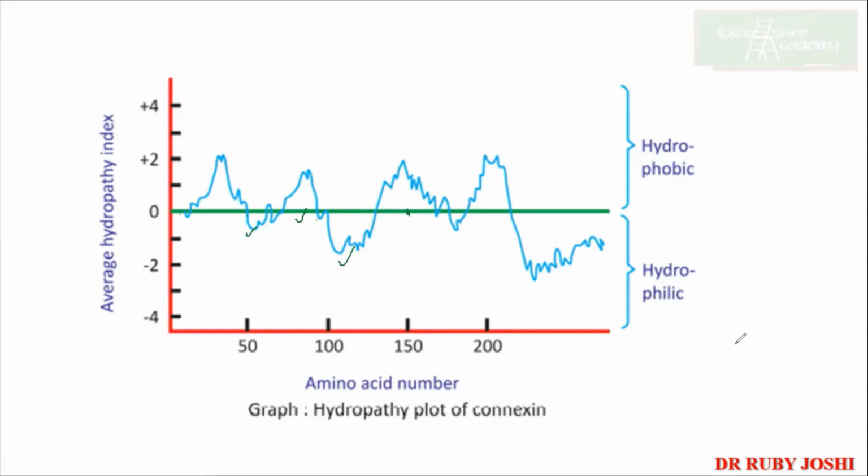Now looking at the figure, can you calculate how many alpha helices will be present? It is guesswork only, but sometimes they do ask this in numerical questions. As a guess, how many alpha helices might be present? Any idea?